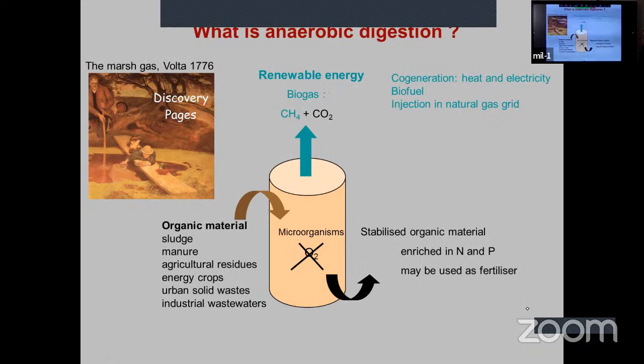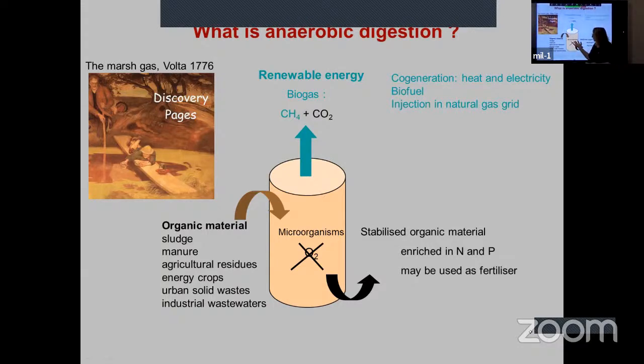Well, what is anaerobic digestion? It is a natural process that was discovered in 1876 by Volta because of the marsh gas he discovered that can burn. So it is a biological process which is made by a consortium of various microorganisms in absence of oxygen.